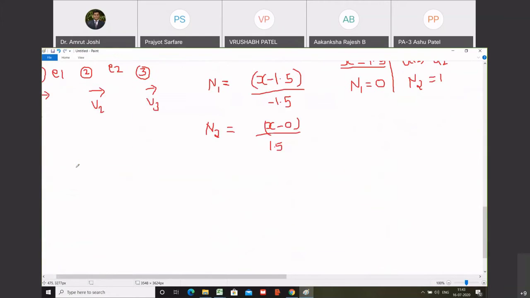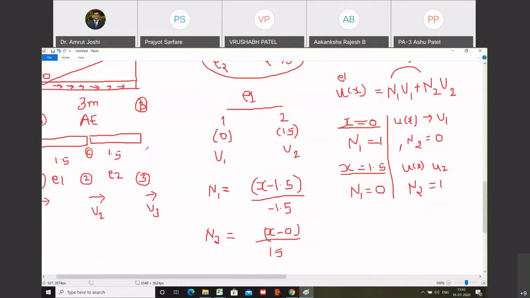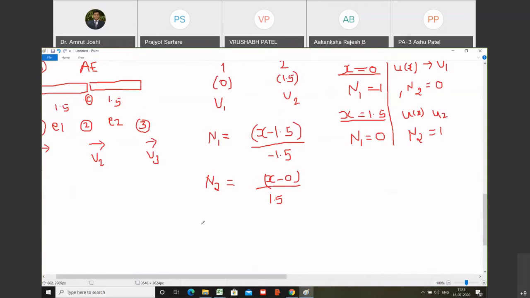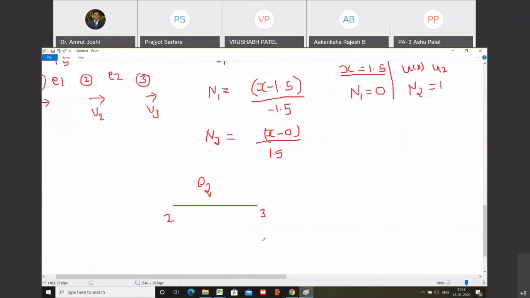Let us go to element number 2. Its first node is 2 and second node is 3. Do you agree with me? So now I will call these shape functions n2 and n3. Mind you, this n2 is different from the earlier n2. This is for element number 2.